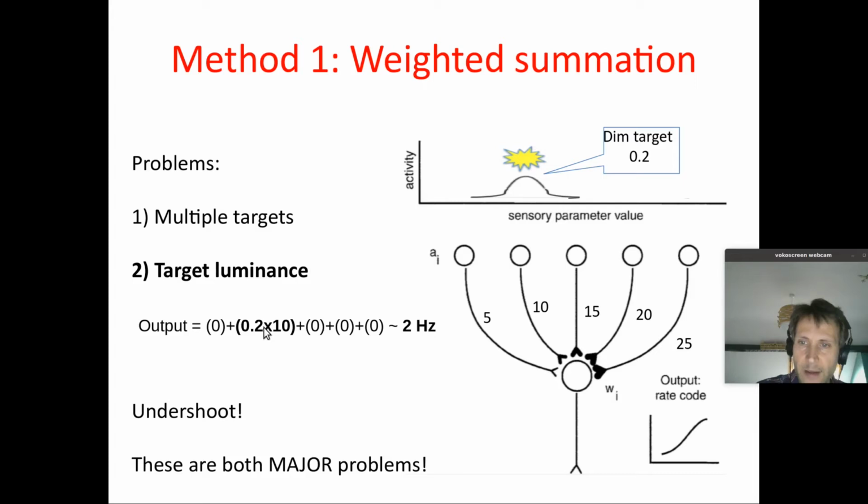Our sum here is now 0.2 times 10, which gives us a 2 hertz firing rate. And so we're going to undershoot. We may only get to 2 degrees instead of 10 degrees. So this is a pretty big problem with this weighted summation approach. Presumably the brain is doing something a bit more sophisticated than this in order to control eye movements.